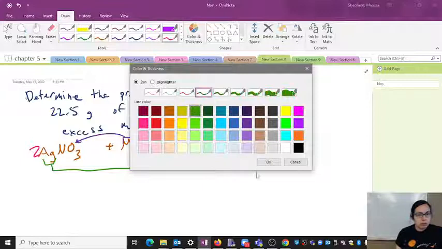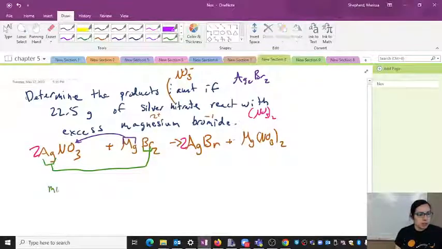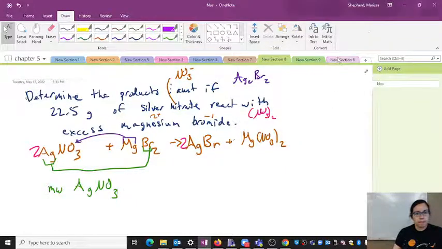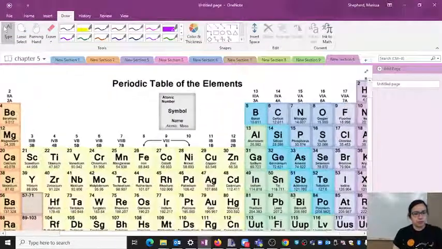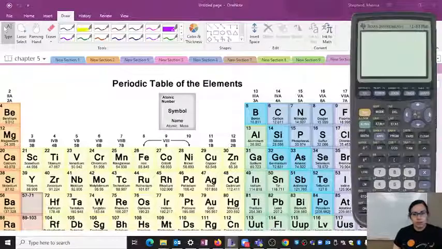So what did we get for our molecular weight then of silver nitrate? Do some math on that one. Let's see, looking up silver, so 107.868 plus nitrogen plus 16 times 3, oops.